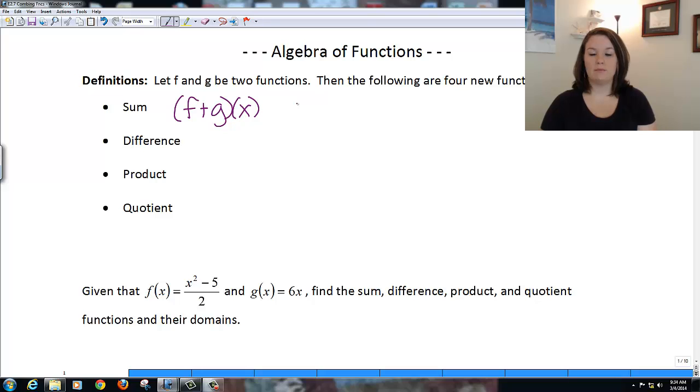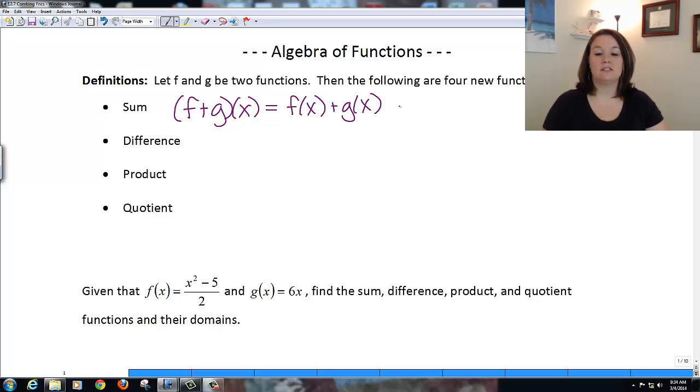This is how we write it in MyMathLab. What this means is this is the same as just taking f of x and adding g of x to it. So combining like terms, possibly needing a common denominator, that kind of thing, but we're just basically combining the two functions into one, and that's our new sum function.